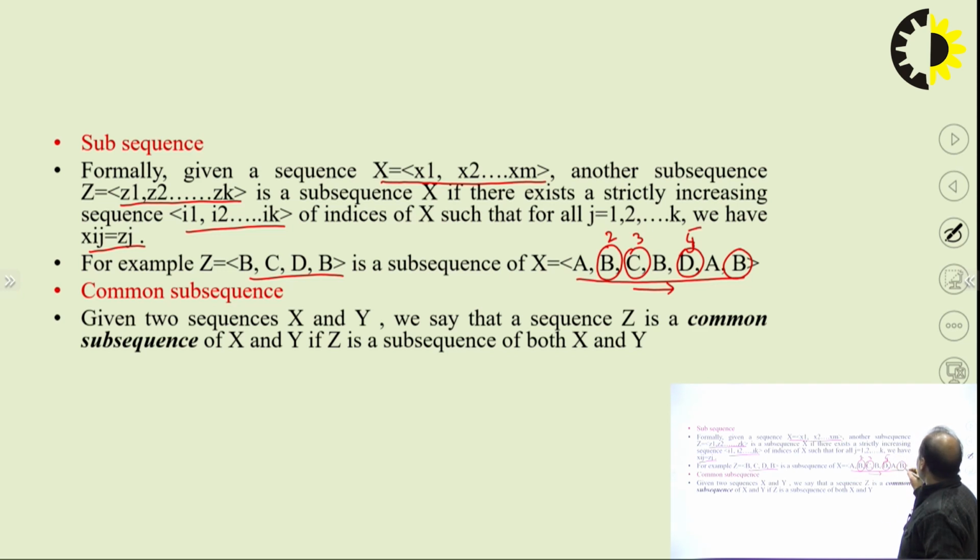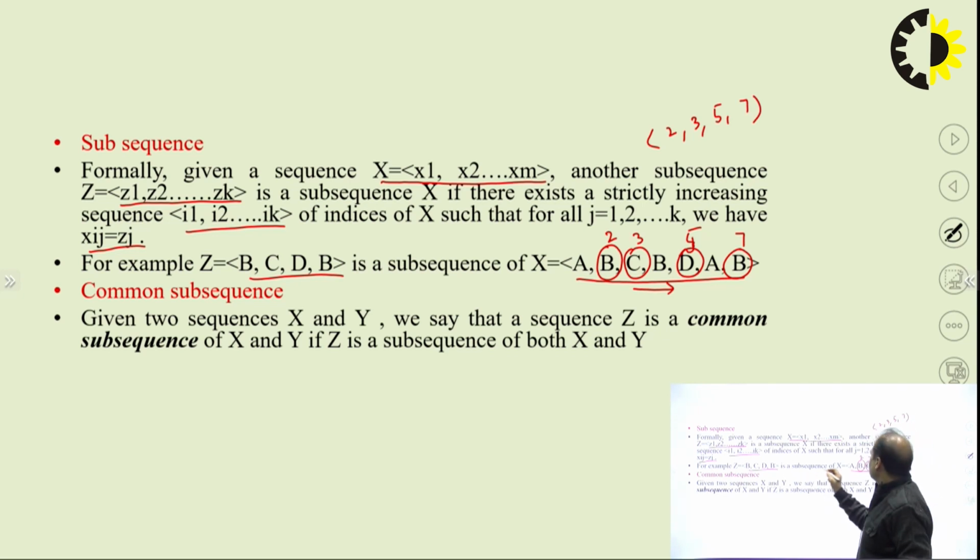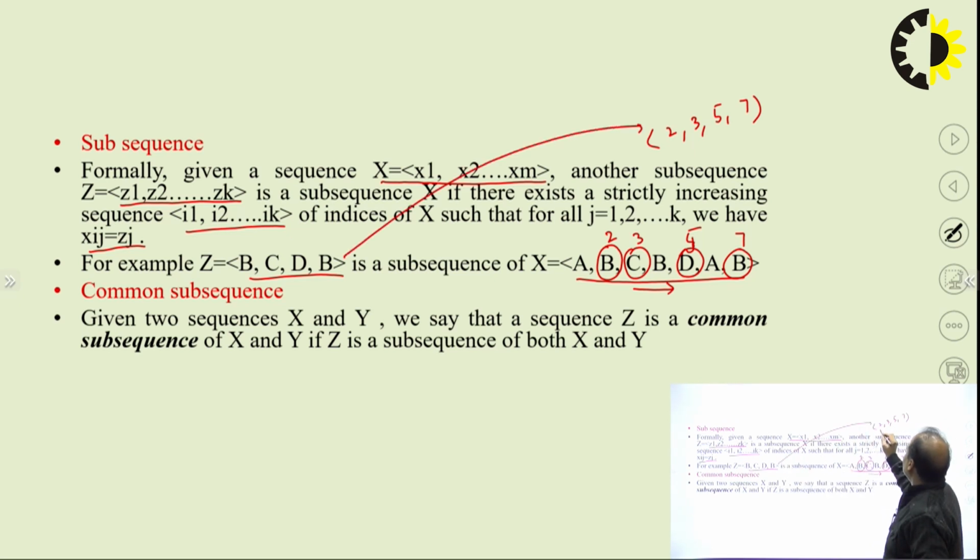And then B is found at 7. So we get a sequence of increasing indices 2, 3, 5 and 7 such that Z is found in X. That means Z is found at these indices 2, 3, 5 and 7. So Z is a subsequence.